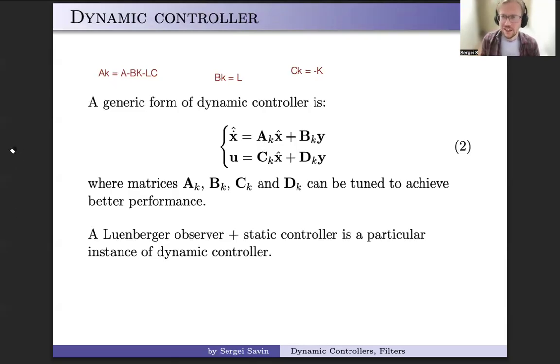Point is that there are many dynamic controllers possible. Now, there are a few interesting theorems about dynamic controllers. For example, there is a proposition that the dimension of x in the controller does not have to be bigger than the state dimension of the original plant. So we don't have to have more states in the controller than in the plant.